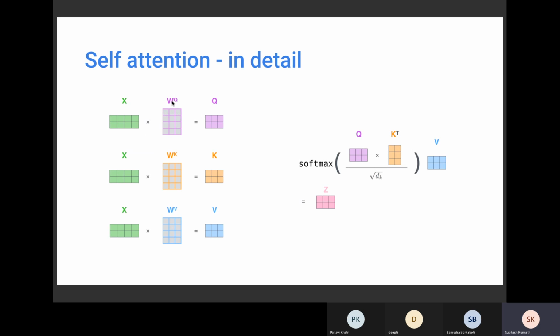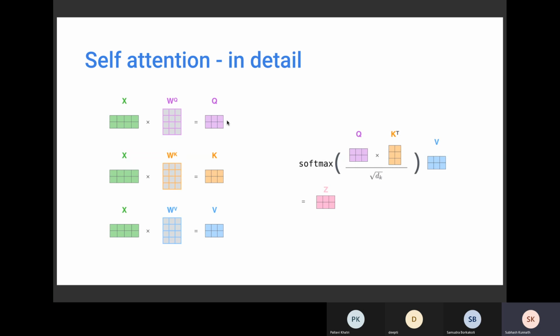multiply with this WQ matrix, and you transform the whole thing. You will be multiplying the first row with the first column and producing a value here, then the first row and second column and producing a value here. So it's usual matrix multiplication, and you get the same results as a batch or stacked thing.